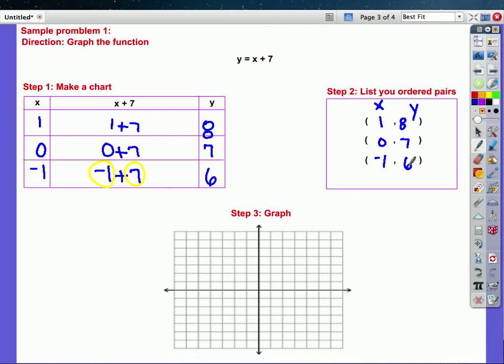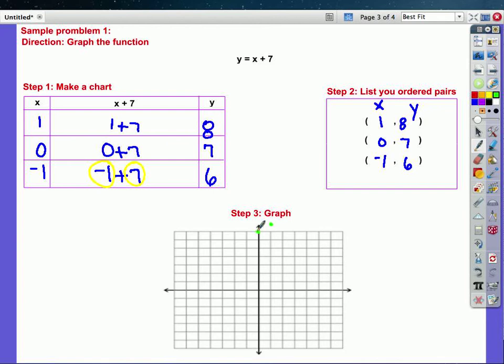Now we're just simply going to graph it. So our first ordered pair is 1, 8. So that's going to go over to a positive 1 and go up 8. So that's 1, 2, 3, 4, 5, 6, 7. We don't have enough, but 8 would be right here. Our second one would be 0, 7. So 0 and then go up to 7.